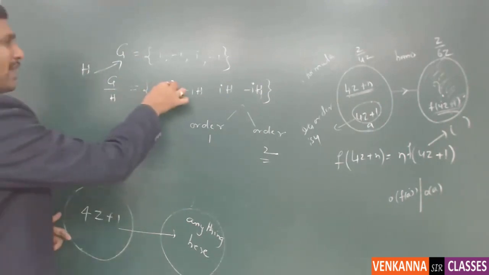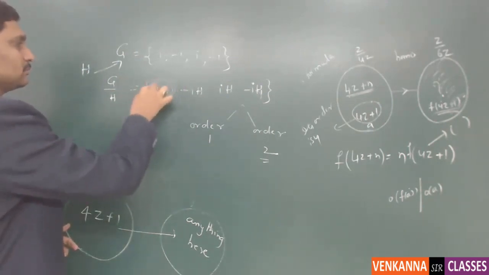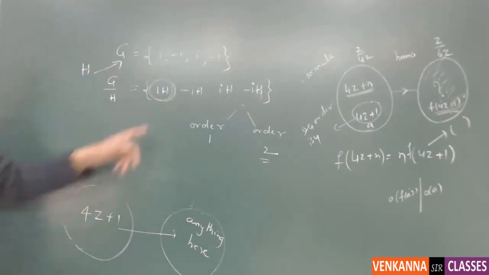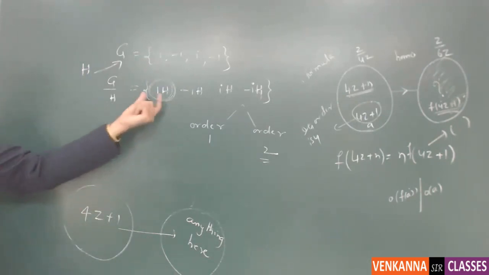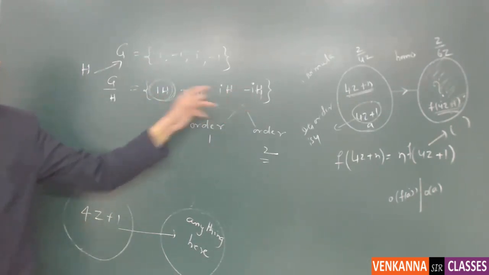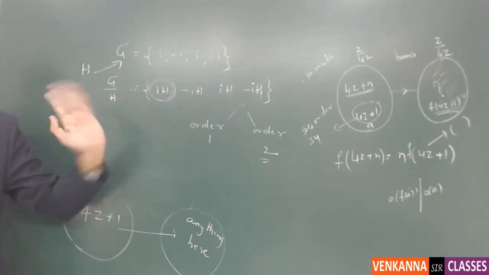It is nothing but 1H, which is H. Because if you multiply any coset with this, the same value will come.